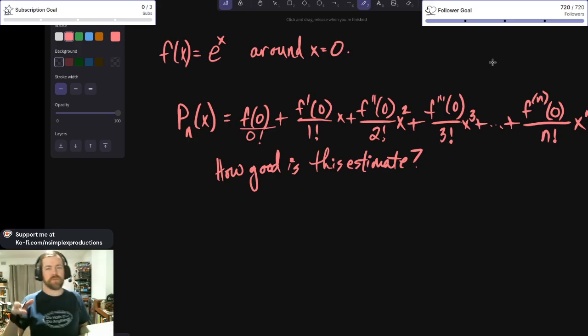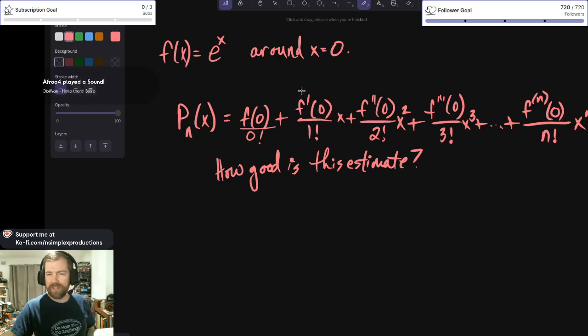Okay. So, in terms of Taylor polynomials, what we have is the Taylor polynomial of nth degree. So that starts out at 0th degree, f of 0 over 0 factorial times x to the 0, plus f prime of 0 over 1 factorial times x to the 1st.